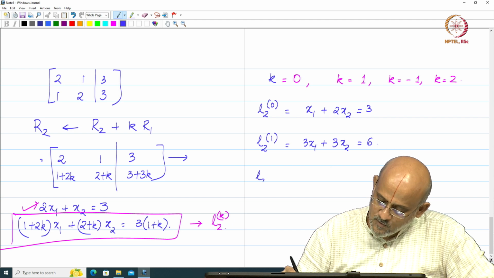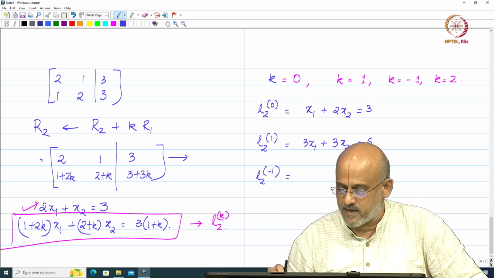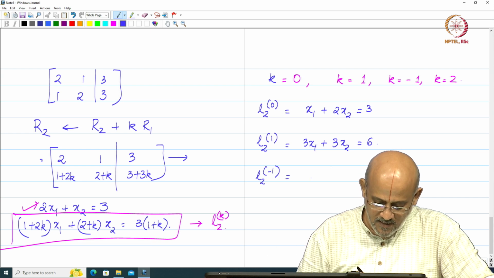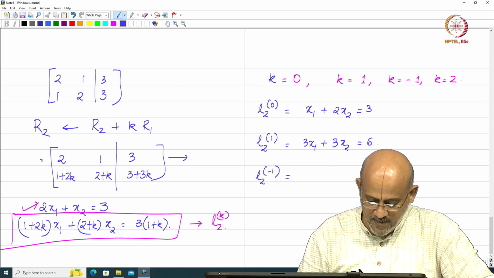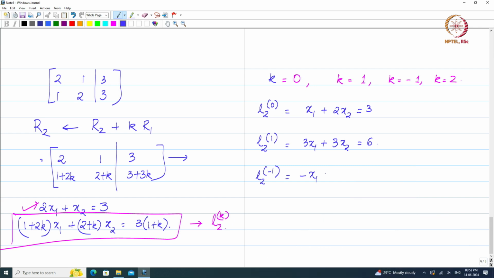Let us look at L2 of minus 1. When you put k is equal to minus 1, it is 1 minus 2, which is minus 1 x1. So I have minus x1 plus 2 plus minus 1, that gives x2, then 1 plus minus 1, that is 0. So this is going to be the next line. Let us look at L2 of 2.